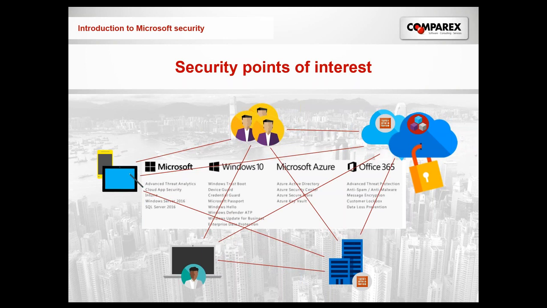AD Premium includes Microsoft Identity Manager, an on-premises identity and access management suite, and provides cloud write-back capabilities that enable solutions like self-service password resets for on-premise users as well. Also part of AD Premium is multi-factor authentication, and this will give you an extra layer of security by having your users log in and verify themselves by phone or by a smartphone app.